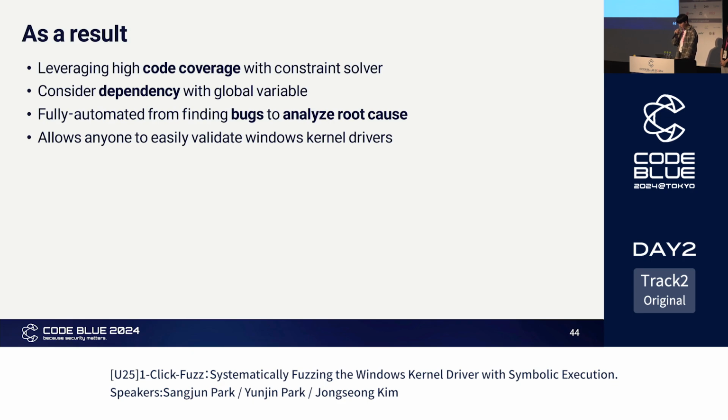Utilizing this in the fuzzing stage, we can find even stateful vulnerabilities. Furthermore, when a crash is detected, we can quickly identify its root cause. As a result, we can create a fully automated fuzzing framework that enables everything from bug detection to root cause analysis.